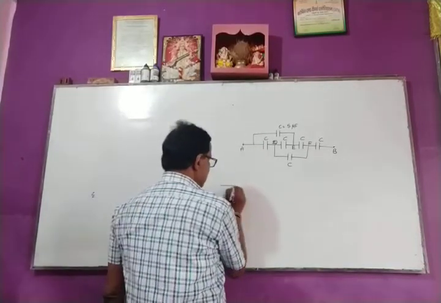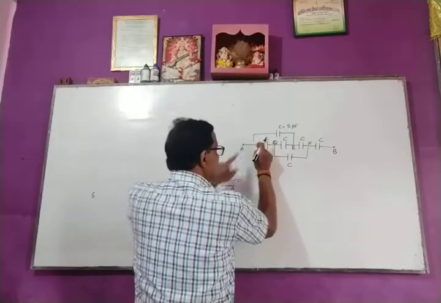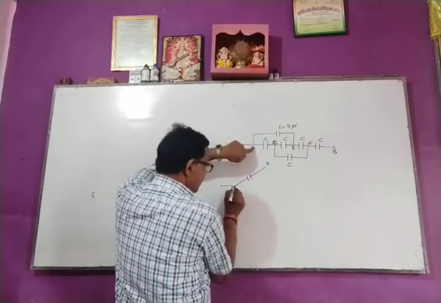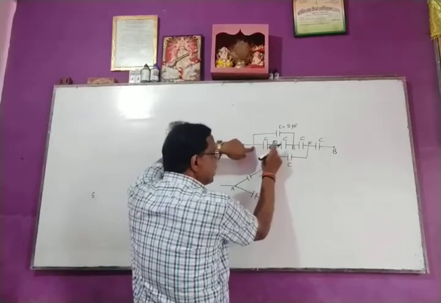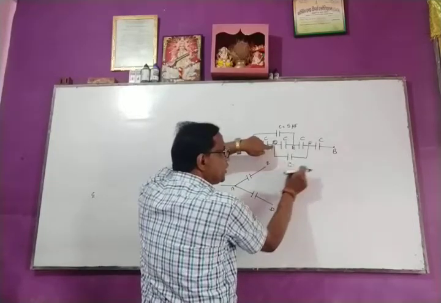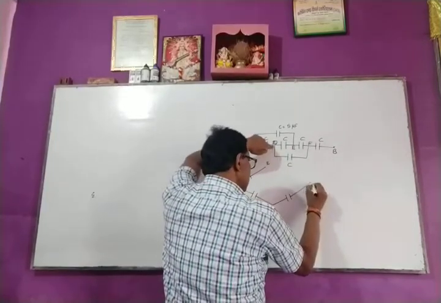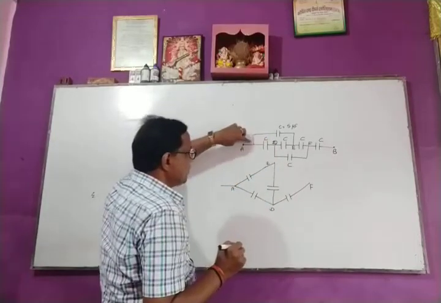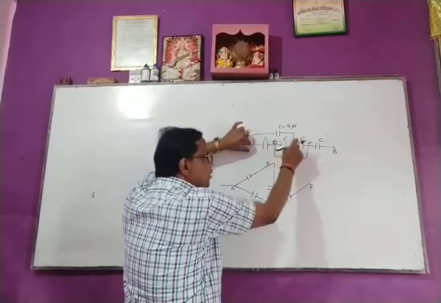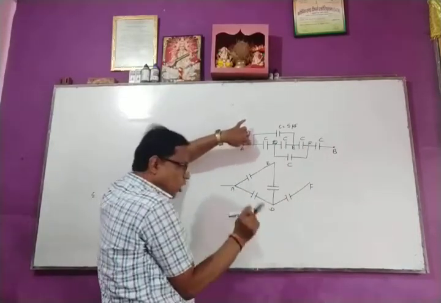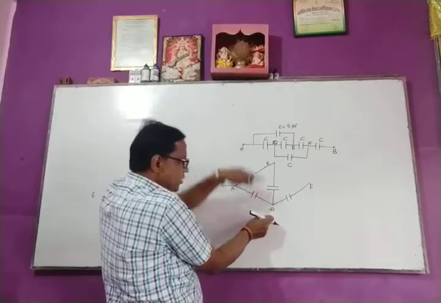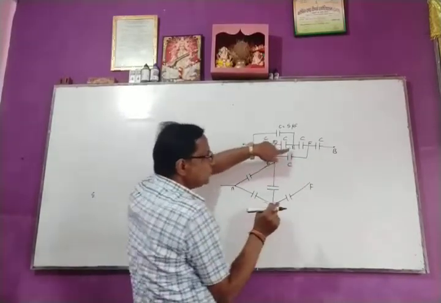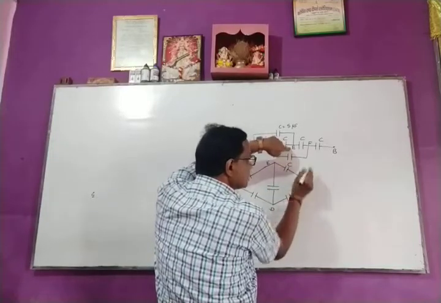So at first, from this figure, A to E, another A to D, D to E or D to F, from A to E, from A to D, from D to E, from D to F, next E to F, or from F to D.